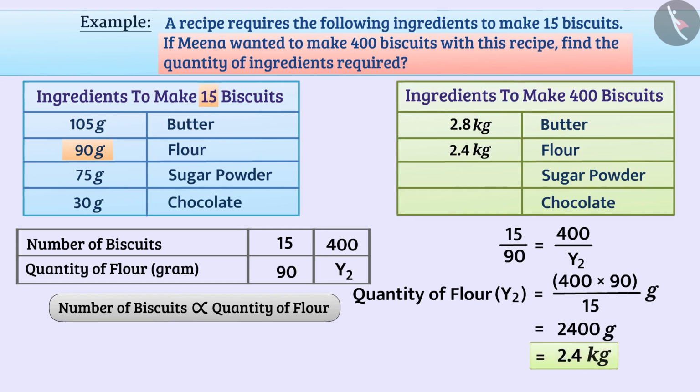Now, you can pause the video and find the amount of sugar and chocolate required. You will get 2 kilograms of sugar powder and 0.8 kilograms of chocolate for making 400 biscuits. In this way, ingredients required to make 400 biscuits are as below.